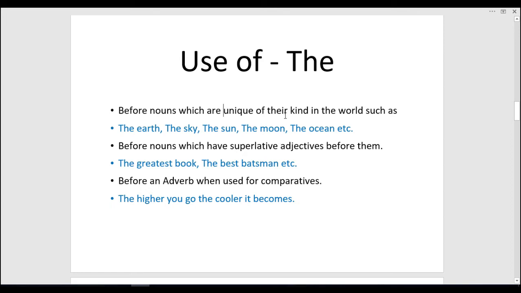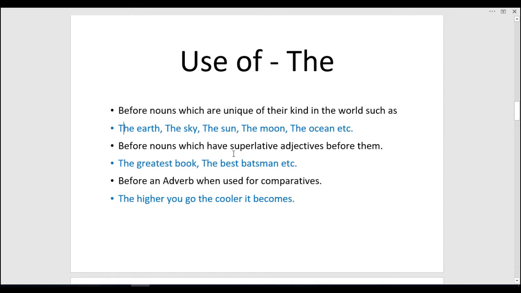For example, you can see the examples: the earth, the sky, the sun, the moon, the ocean, and so on. So these are unique things, so the is used there.